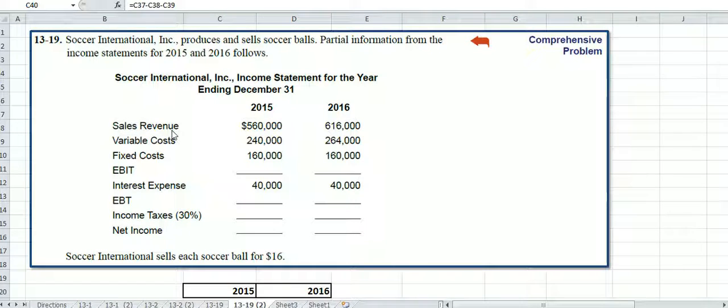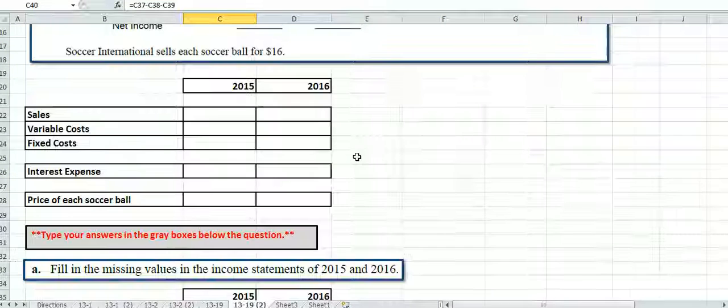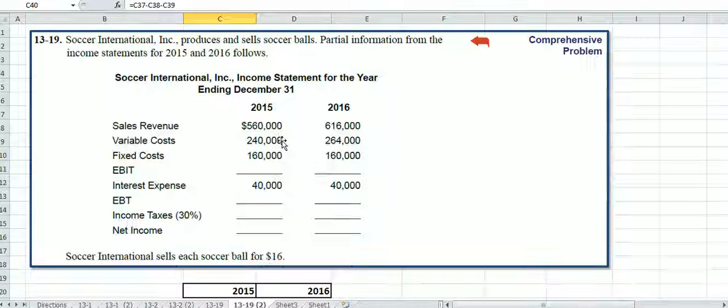So the first thing we want to do is fill in the missing values on your income statement for 2015 and 2016.